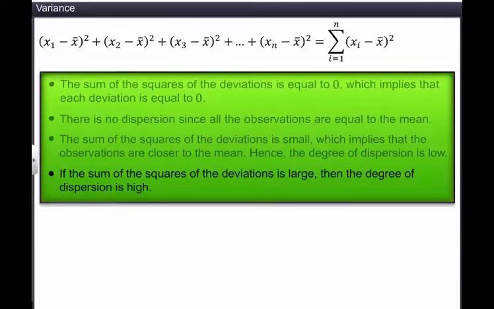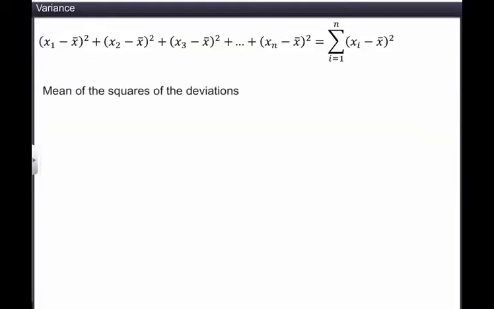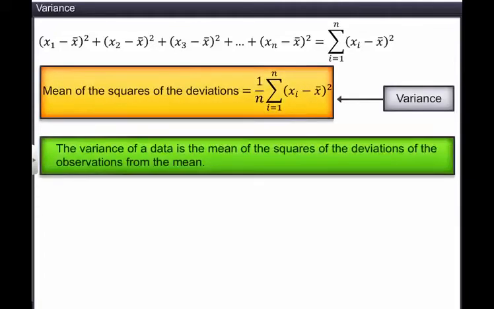Let's take the mean of the squares of the deviations. This is called variance. The variance of a data is the mean of the squares of the deviations of the observations from the mean. This is denoted by sigma squared. This is the formula used to calculate the variance of an ungrouped data.